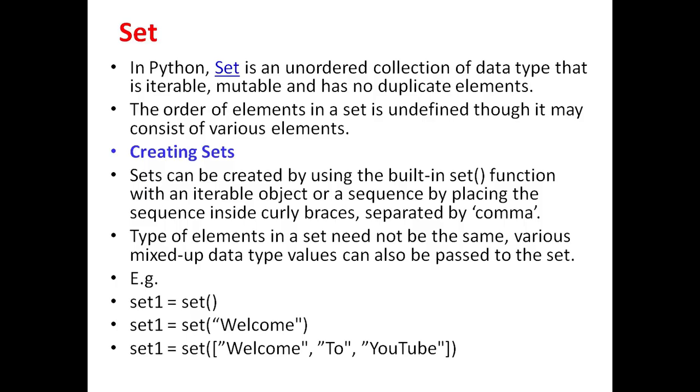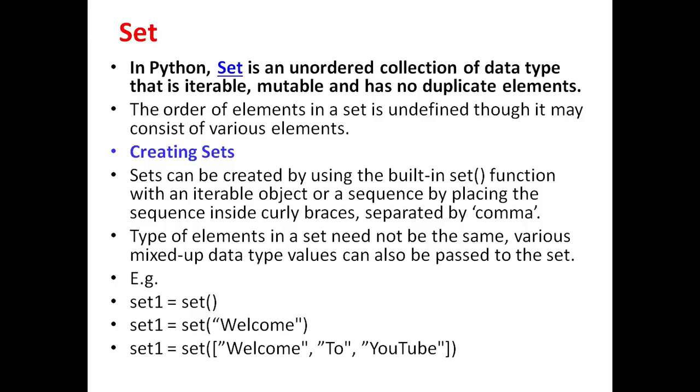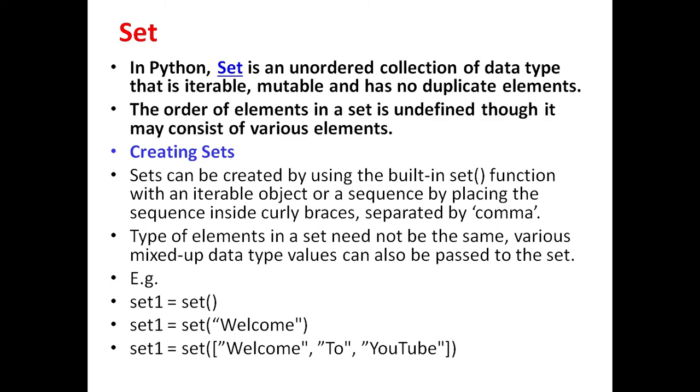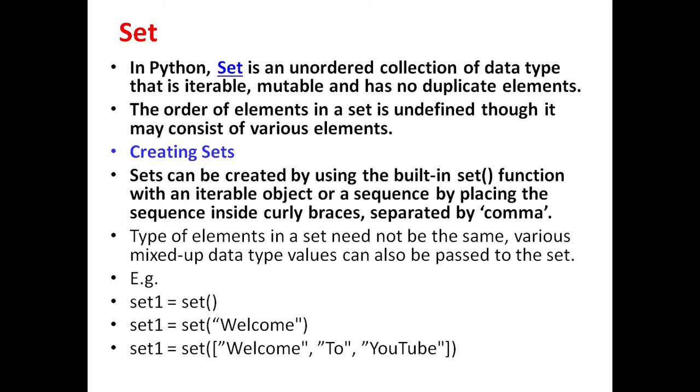Next is set. In Python, set is an unordered collection of data type that is iterable, mutable and has no duplicate items. The order of elements in a set is undefined, though it may consist of various elements. Sets can be created by using the built-in set function with an iterable object or a sequence, by placing the sequence inside curly braces separated by comma.